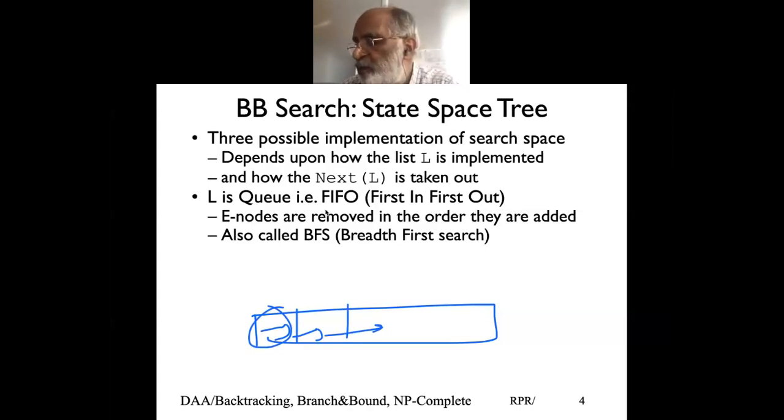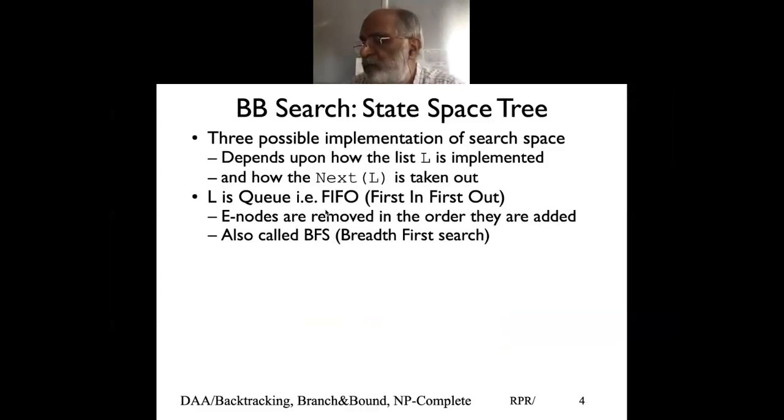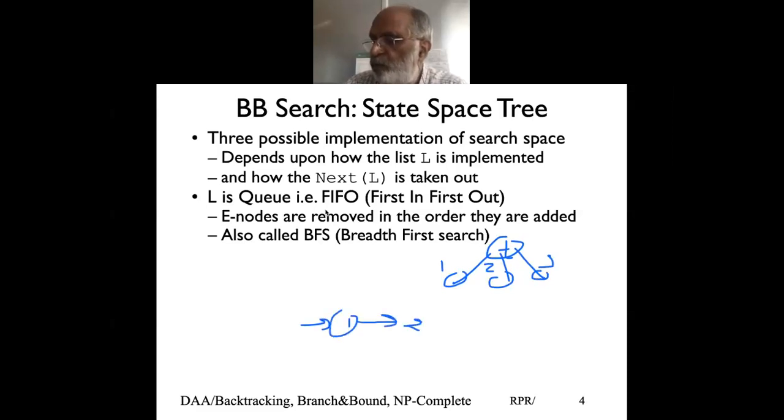And if you do that, first in, first out, it will act kind of like a BFS. If this is my root, let's say my root is T, I have three nodes to explore: node 1, node 2, node 3. So my list would be node 1, node 2, node 3. And then when I explore 1, I take the first node.